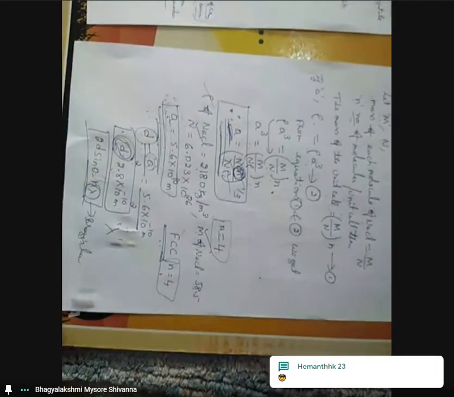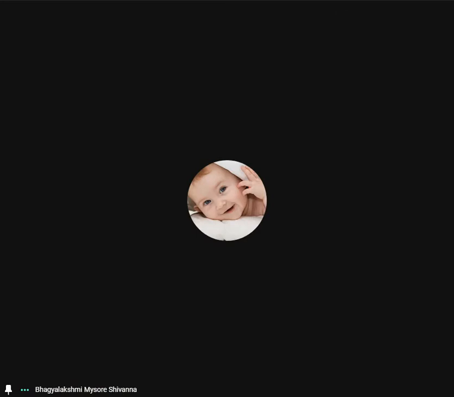Any doubt in this importance of Bragg's law, the construction and working of the spectrometer, and how we study the structure of any crystal, how we calculate the cell constant or interplanar distance for a crystal?